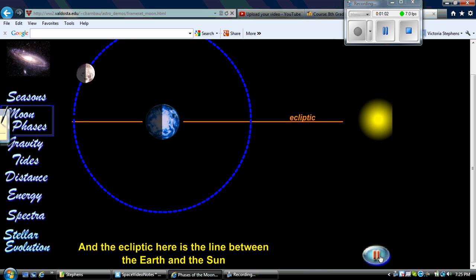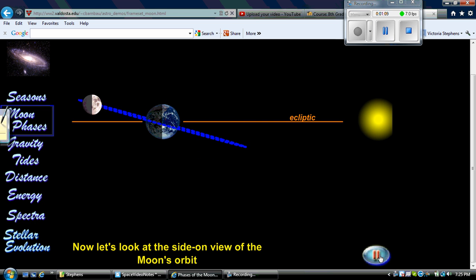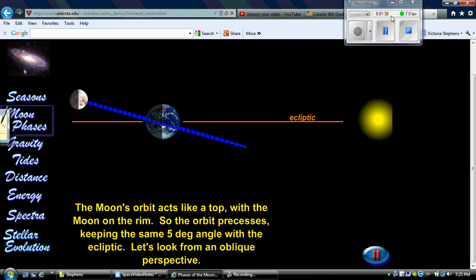The ecliptic is the line between the Earth and the sun. What you're seeing right now is a side view of the moon's orbit around Earth. Okay, the moon's orbit acts like a top with the moon on the rim.